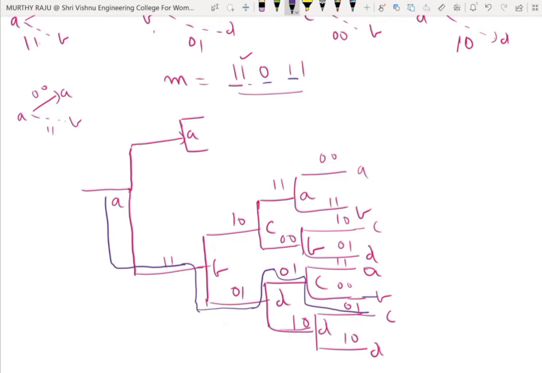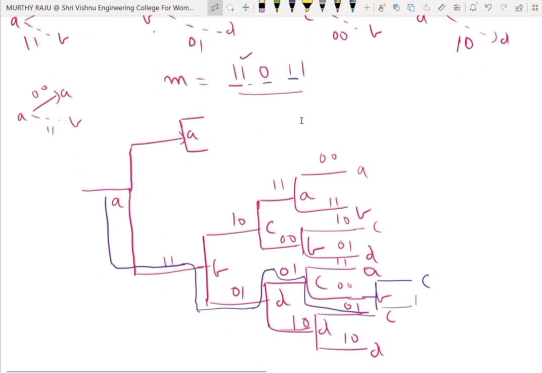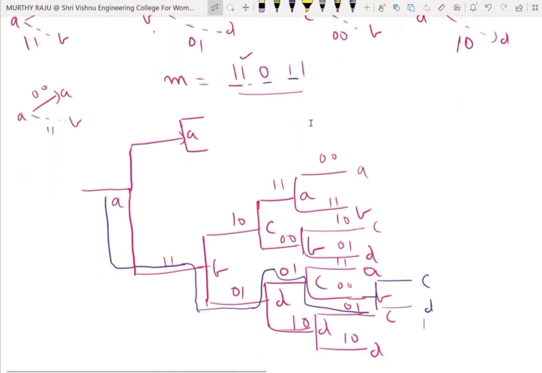From that B only we need to extend again, B to C, B to C, B to D, B to C, with outputs 1 0, 1 0, 0 1. Here the next bit is 1, which means follow this one.